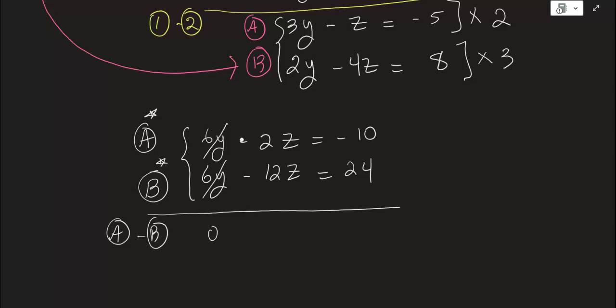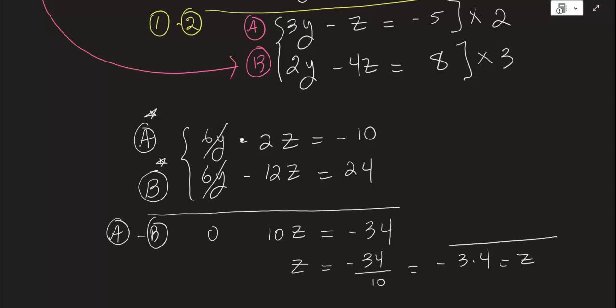Minus 2z minus negative 12z is positive 10z. That's equal to negative 10 minus 24, which is negative 34. Dividing both sides by 10, z equals negative 34 divided by 10, or negative 3.4. So that's the value of z.